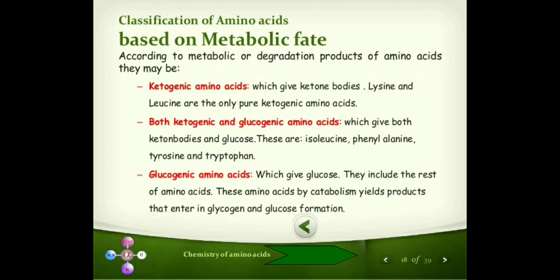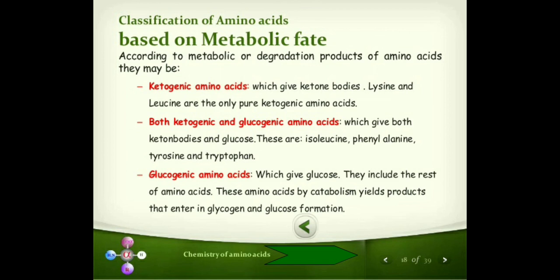So we are categorizing them into three categories: ketogenic, glucogenic, and the mixed form. Ketogenic amino acids are those that give ketone bodies, like lysine and leucine, which are the only pure ketogenic amino acids.